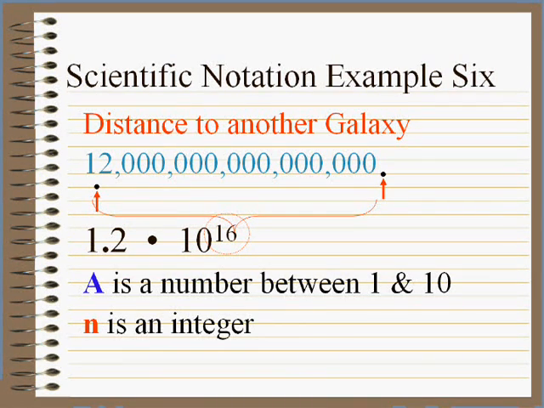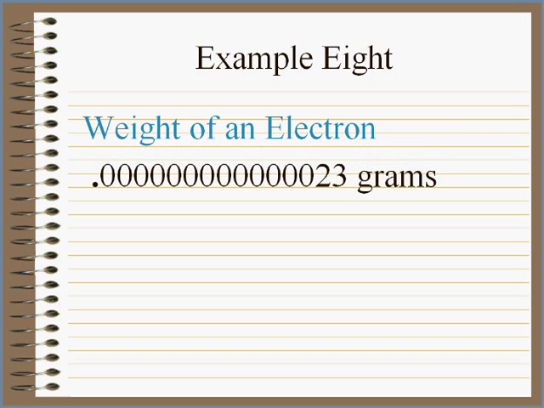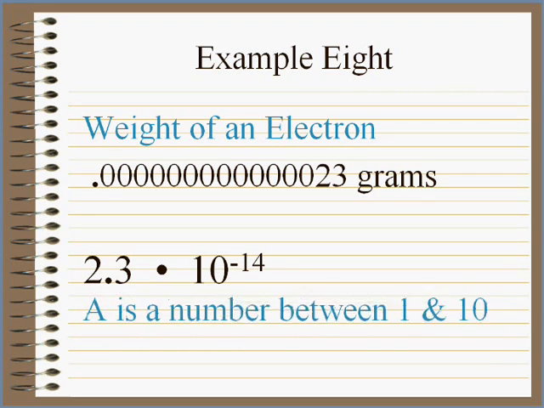The idea is that it's saving you a lot of writing, and it's going to be very easy to compute and multiply with other numbers, actually. The weight of an electron, which is a very small number, is going to be 2.3 times 10 to the minus 14.